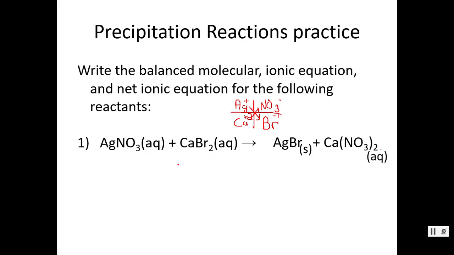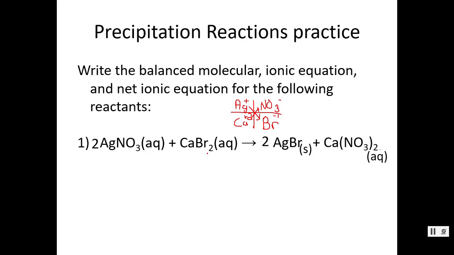Now let's go ahead and balance this equation, because we need to have the balanced molecular equation. And I see fairly quickly that I've got 1 nitrate here, and 2 over here. So I'm going to need to put a 2 by the silver nitrate. So my nitrates are now happy, but that also means I need to put a 2 in front of the silver bromide.